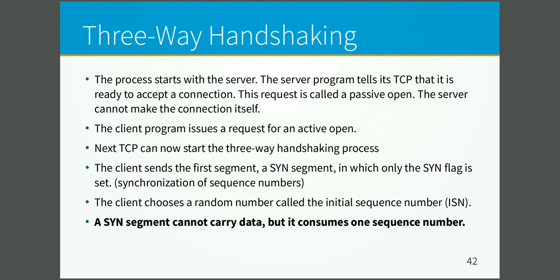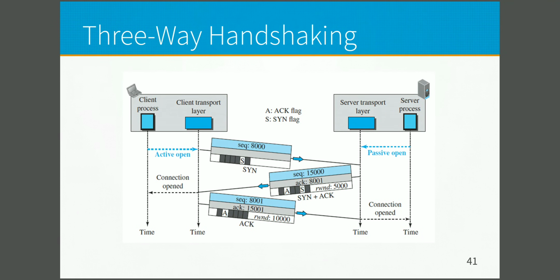So what the client does is, apart from setting the SYN flag, the client chooses a random number and calls it the initial sequence number. In our example, the initial sequence number is 8000.